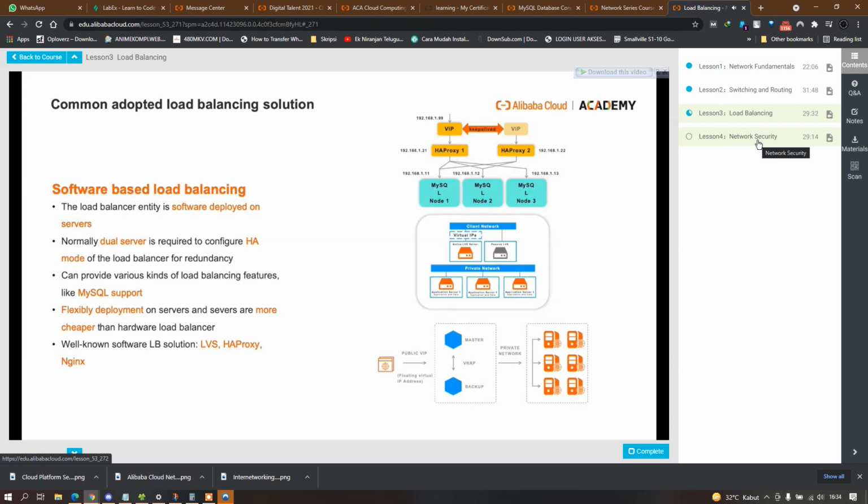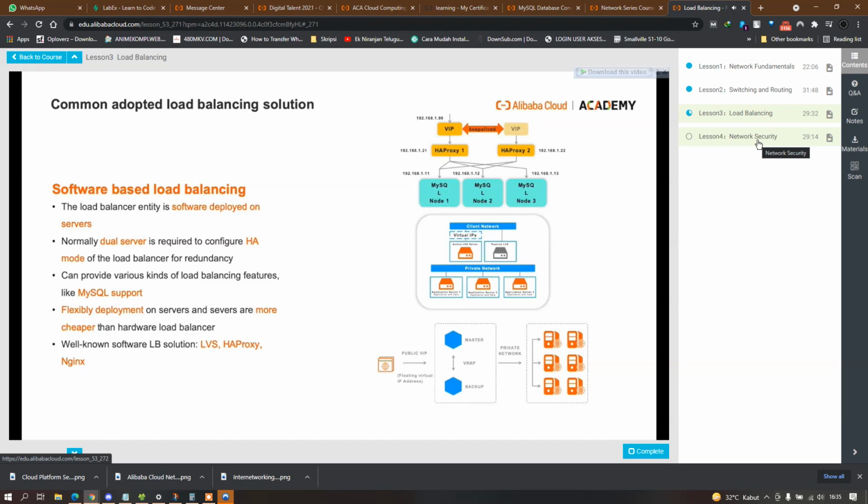This is what most hardware load balancers don't have, because hardware load balancers may provide a stable, high performance load balancing service, but just for basic load balancing features. For some high-level or application-level load balancing or special protocols, normally they don't have very good support.